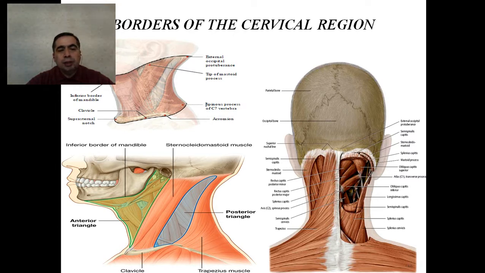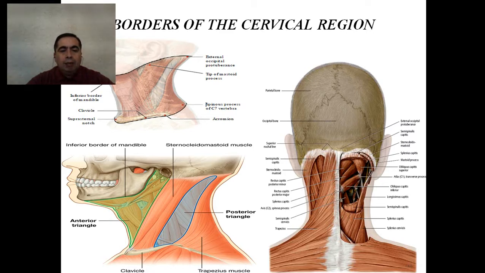This line passes through the sternoclavicular joint along both clavicles to the acromion process of the scapula and turns posteriorly and reaches the spinous process of the seventh cervical vertebra.